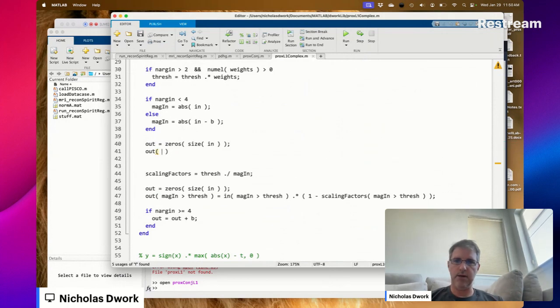All I need to do is squeeze their vectors down by the amount of thresh.